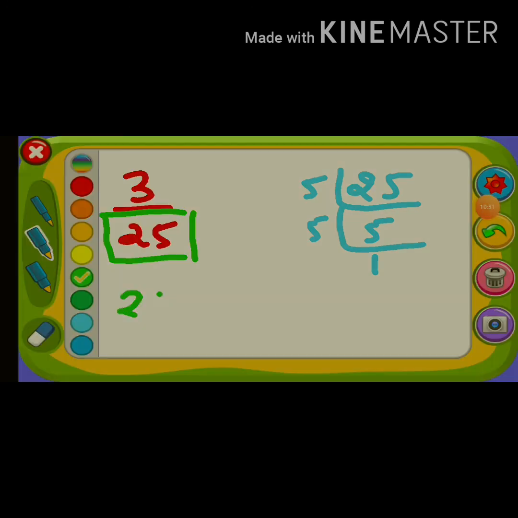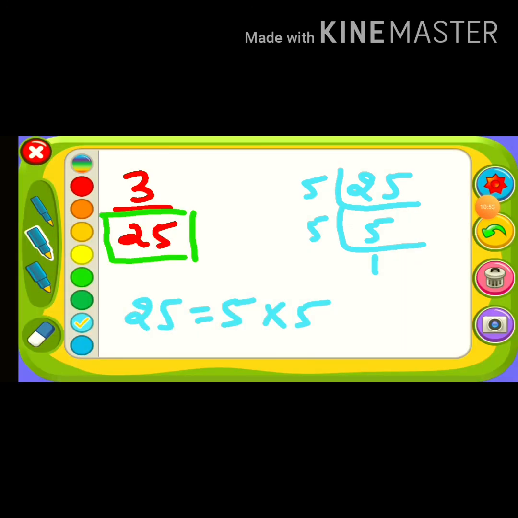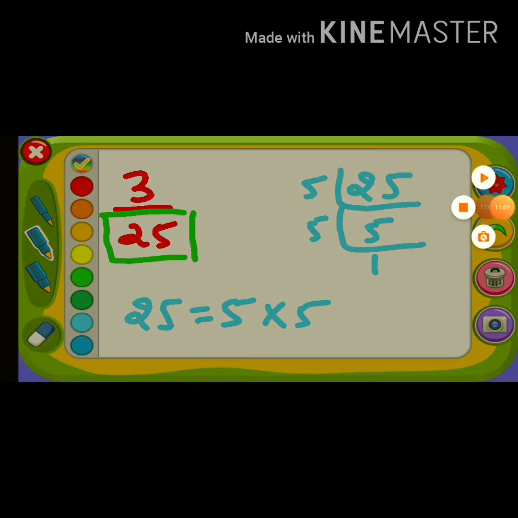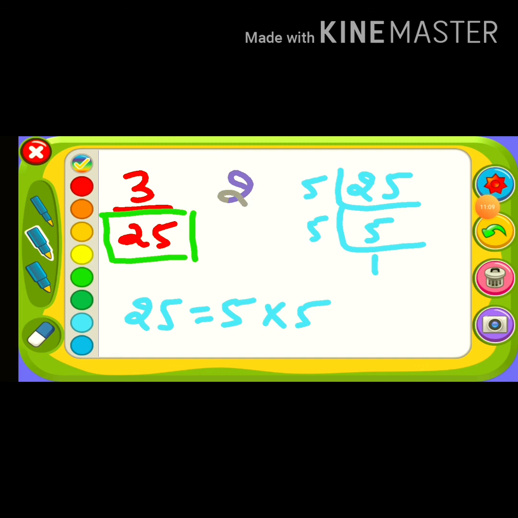See children, if in the prime factorization of the denominator you find only 2s or only 5s, or a combination of 2 and 5, then we can consider that the given fraction will have terminating decimal expansion.